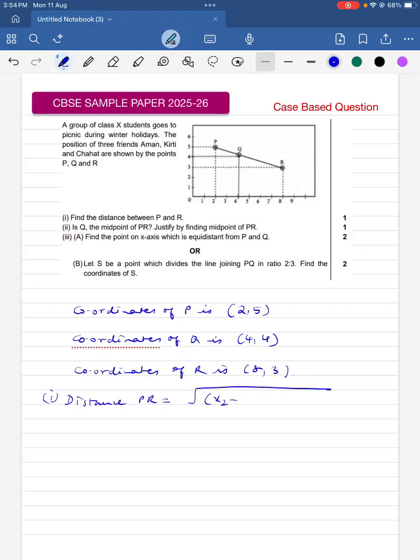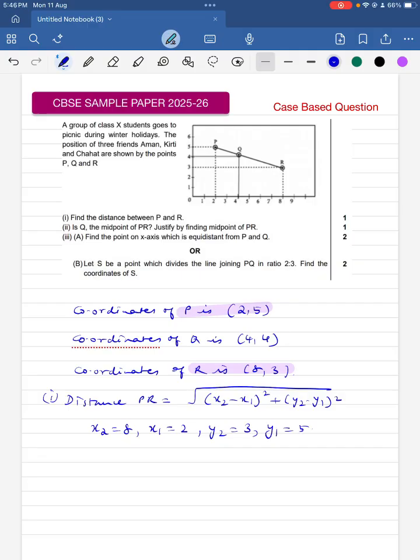which is given by root of x2 minus x1 the whole square plus y2 minus y1 the whole square. And since we are using P and R, we have to take the values of x1, x2, y1, y2 from these coordinates. So x2 is equal to 8, x1 is 2, y2 is equal to 3 and y1 is equal to 5.